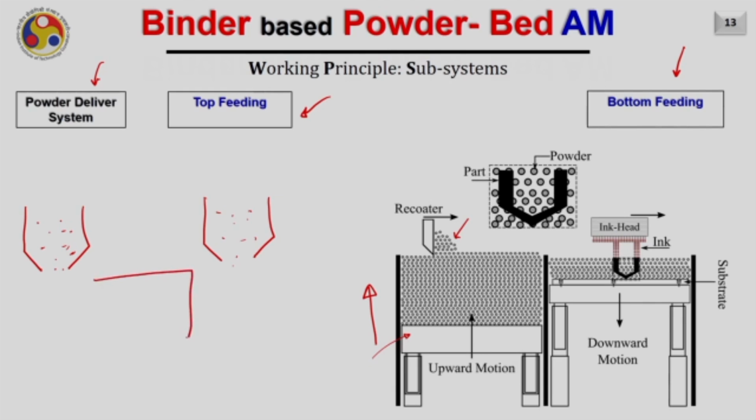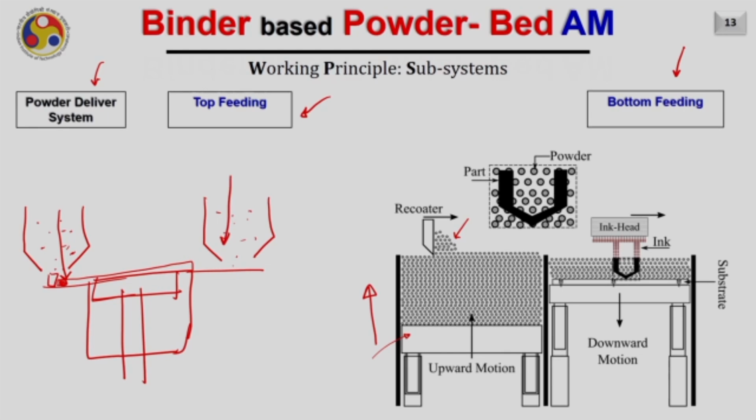Then there is a powder bed here where the build platform is also attached. Now the right amount of powder is available for the recoater from the top, and then this right amount of powder is spread onto the powder bed. As the material is delivered to the powder recoating system from the top side, this type of delivery system is called the top feeding system.